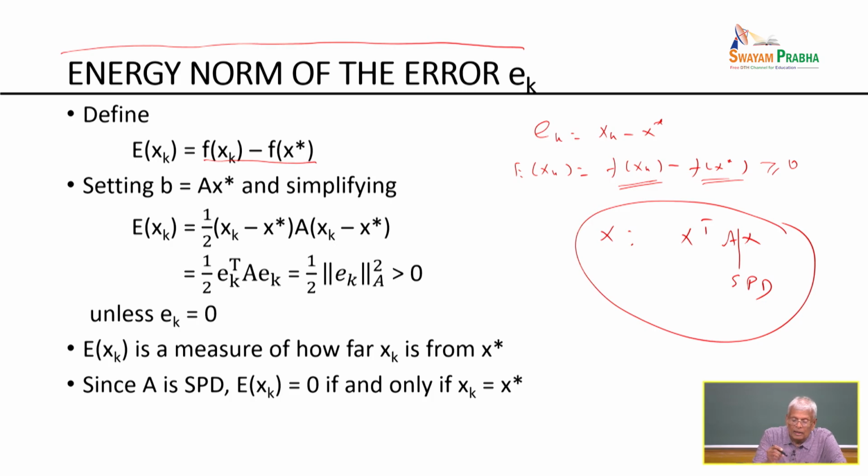To do that, I know f of xk, I know f of x star. What is f of x star? x star is A inverse B, so f of A inverse B. You substitute x star is equal to A inverse B, and you substitute f of xk is equal to 1/2 of xk transpose A xk minus B transpose xk plus C. If you substitute this and simplify, please understand there is a homework problem here.